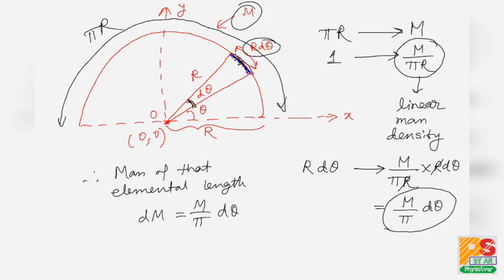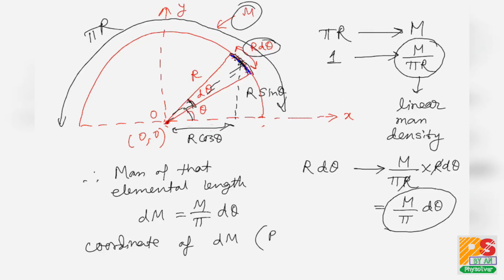The x coordinate is simply, if I draw a perpendicular like this, and this length is r, so this angle is theta, so I can say this is r sin theta, and this thing is r cos theta. So the coordinate of dm is r cos theta comma r sin theta. I hope you understand.